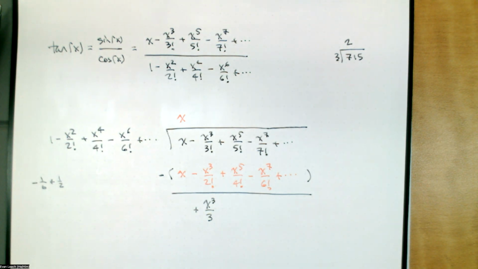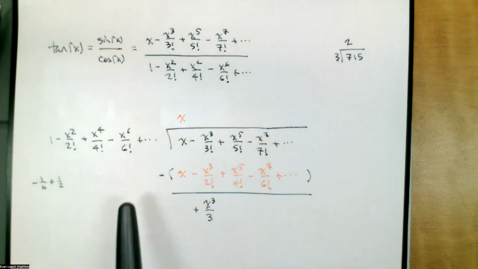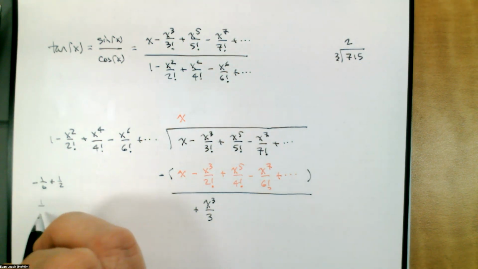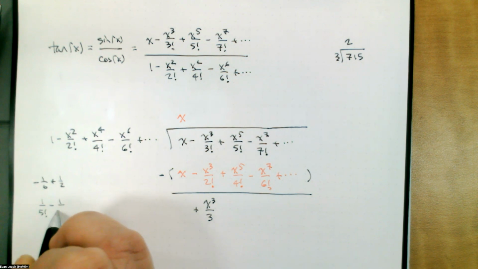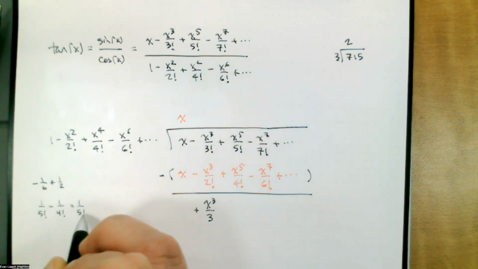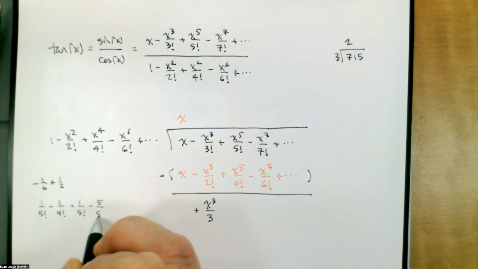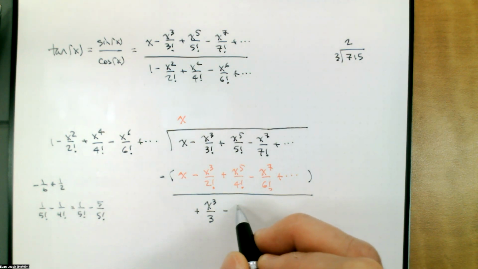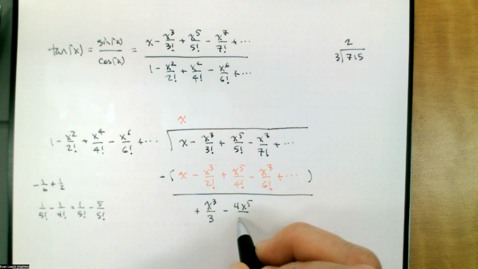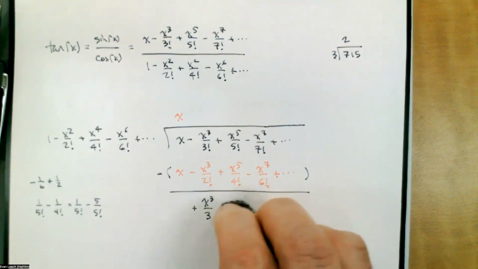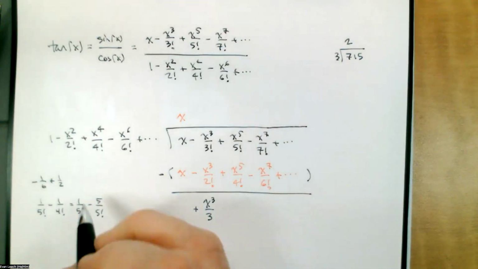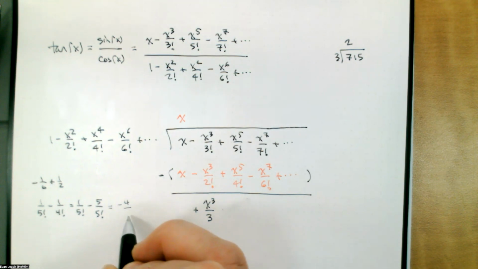And then we just have to keep going. And it's just more fraction stuff. 1 over 120 minus 1 over 4 factorial. 1 over 5 factorial minus 5 over 5 factorial is minus 4 over 5 factorial.